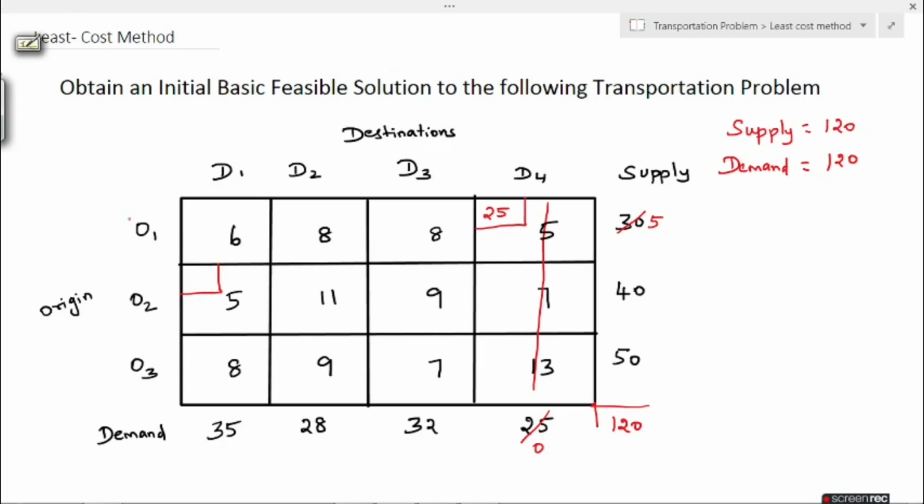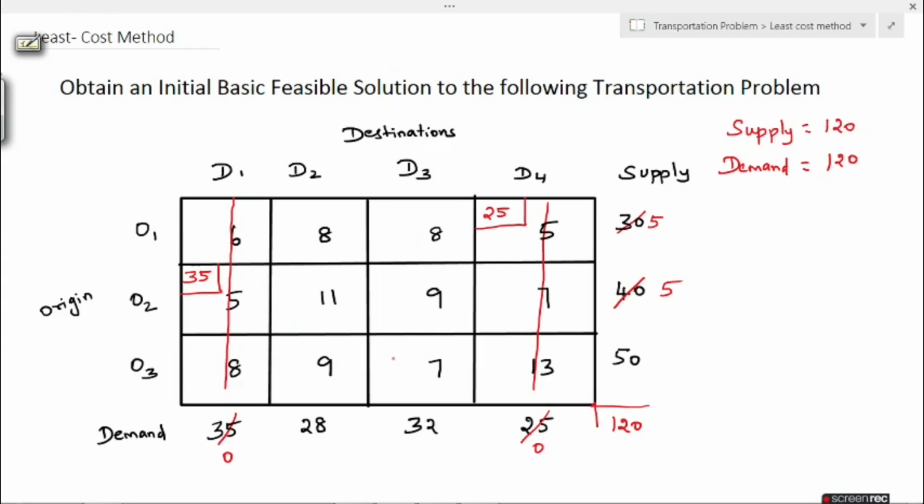The minimum is 35, so we allocate 35 here. Using that allocation, we subtract from demand and supply: 35 minus 35 is 0, and 40 minus 35 is 5. The demand value is 0, so this allocation satisfies the demand.